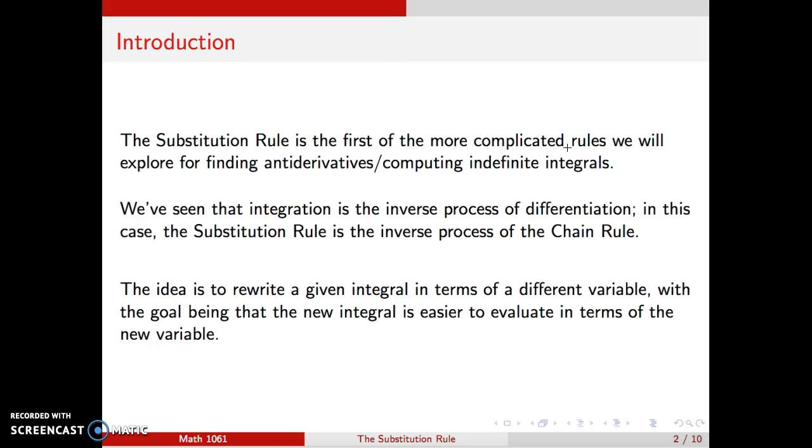open up some more options, more functions that we can integrate. One of the things to note is that we want to remember this is the inverse process of differentiation. The substitution rule for integrals is the inverse of the chain rule, which is for differentiation.